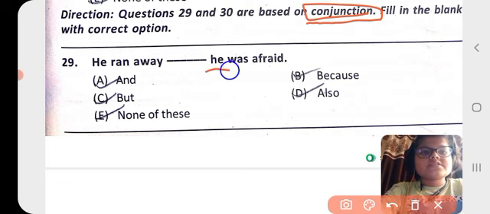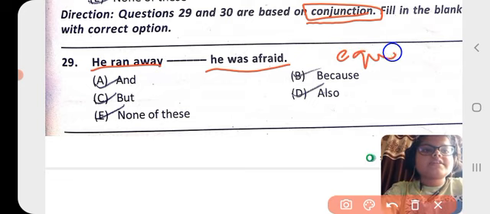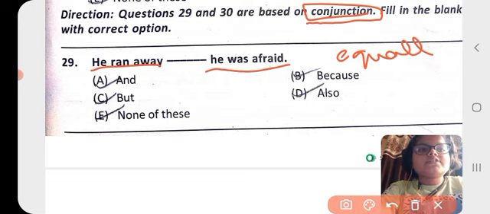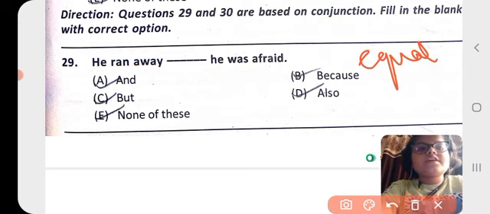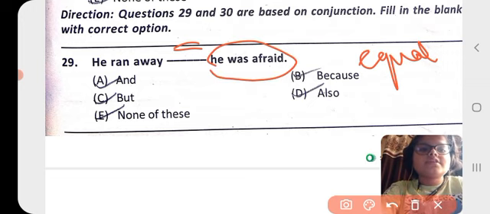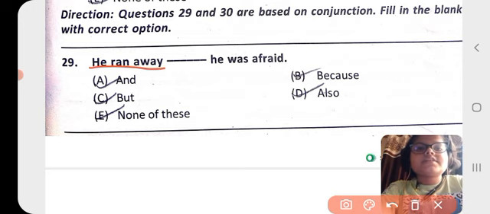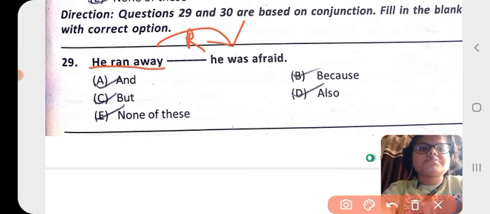We see that these two statements express equal importance, and this statement is the result of this statement.